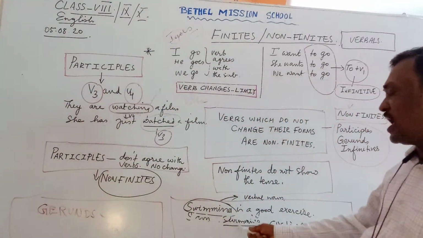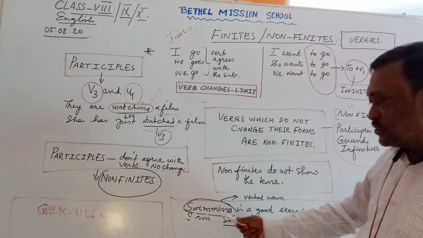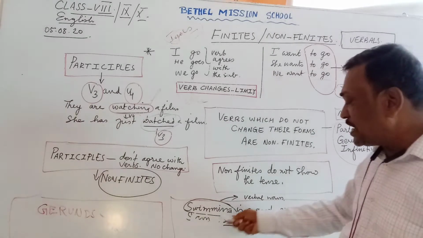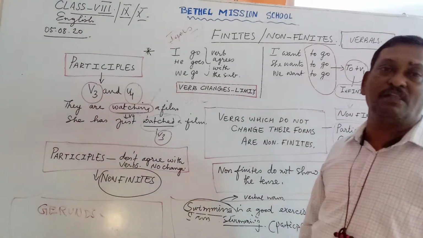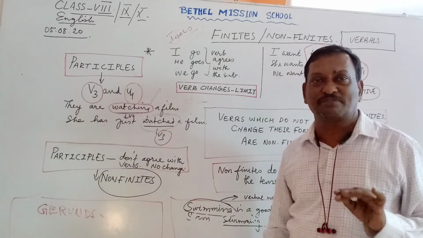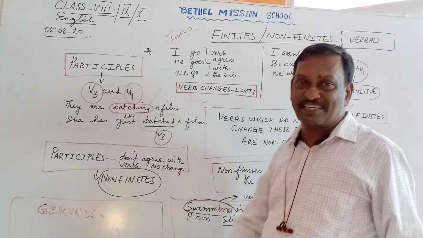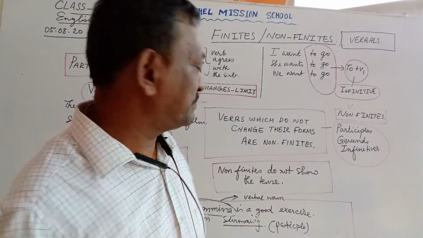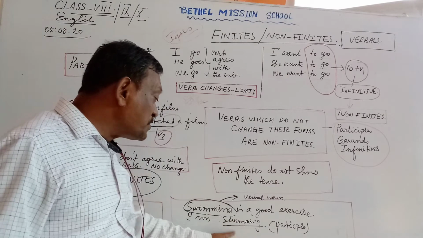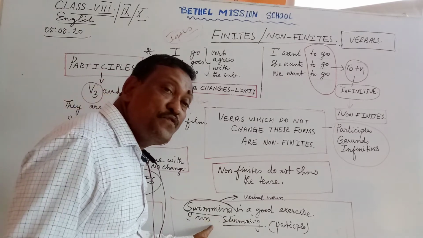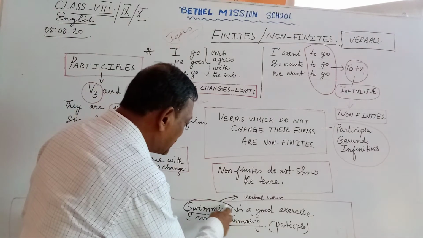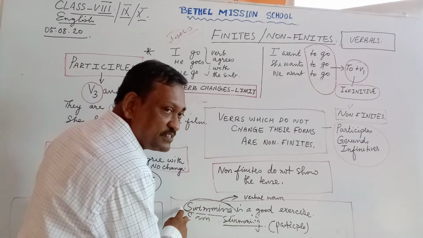Because it follows the helping verb am. So swimming is a present participle, V4. Here it is a participle. But look at the first sentence. Swimming is a good exercise. Now here also we have the same form, but it comes at the beginning of the sentence.